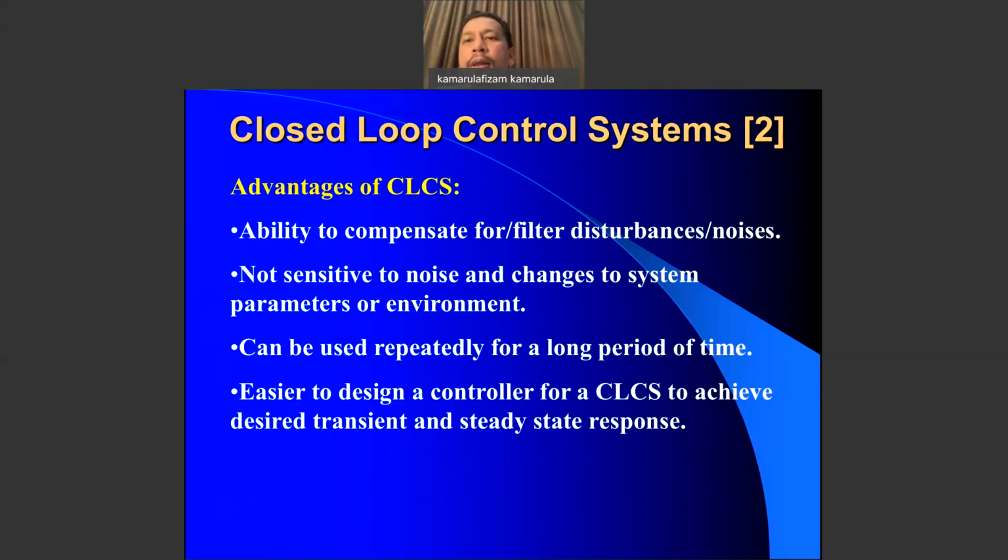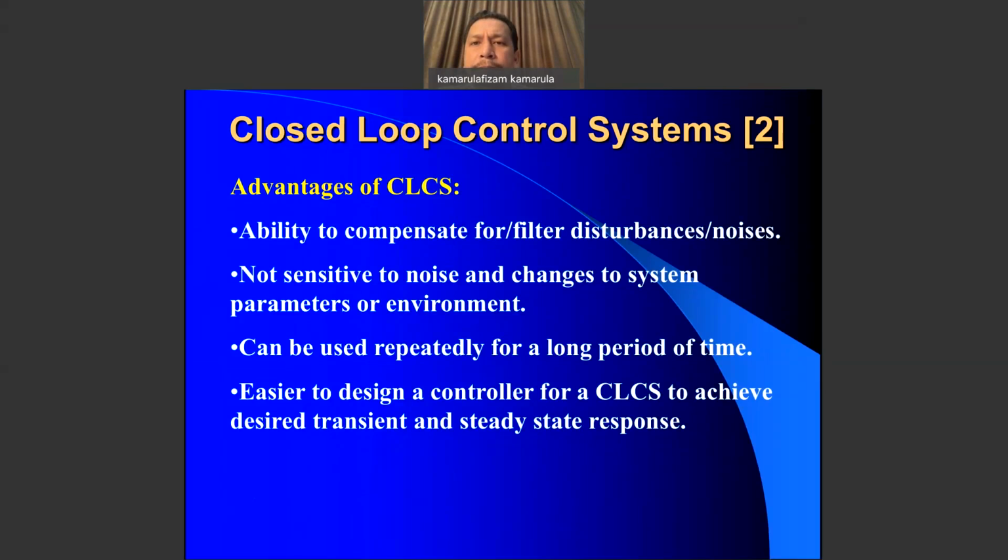In case the system is exposed to any kind of external noise or environmental disturbance, the system will adjust itself because it has a feedback signal.